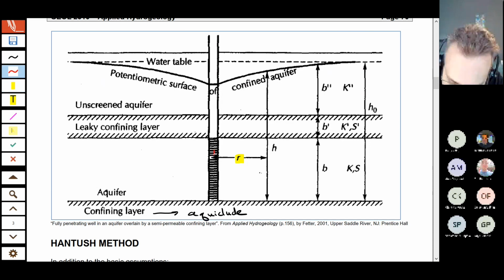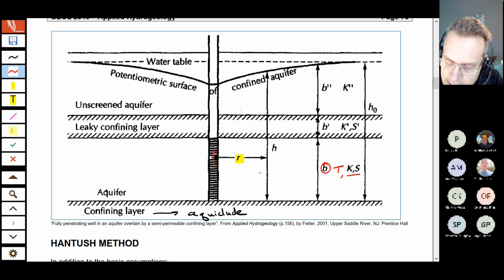Remember, r is always measured from the center of the well. Okay, so we have that radial component, or that lateral geometric component as well. We have the height of our confined layer, also with its hydraulic conductivity, storativity, and transmissivity. If you wanted to include that, we sure could do that as well.